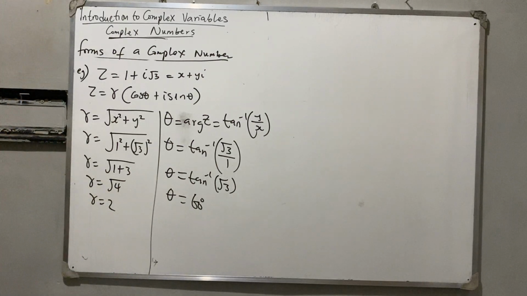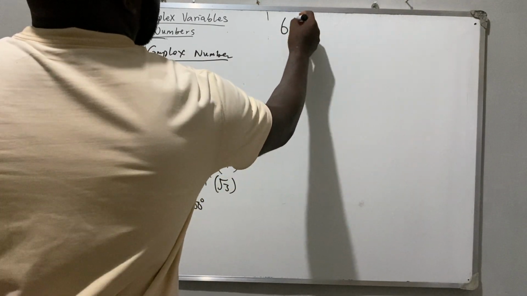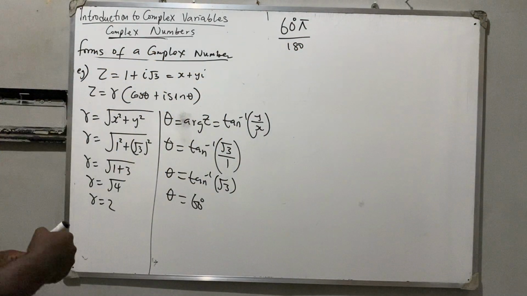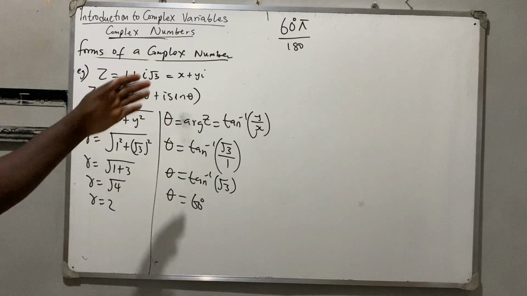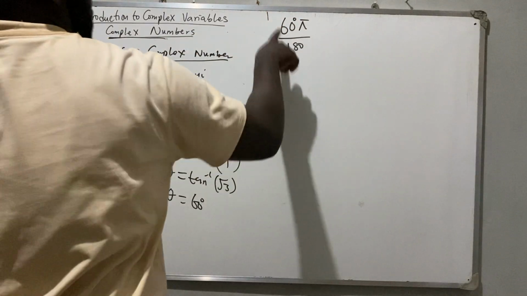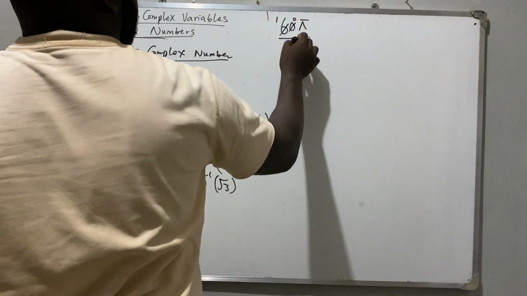But in polar form, we don't use degrees, we use radians. So how do we convert to radians? Remember, to convert degrees to radians, I have 60 degrees. To convert it to radians is simply attach pi to it and divide by 180. Very simple. That's how to convert degrees to radians. So reduce these two to the lowest. Taking care of the zeros, 6 here is 1, 6 here is 3.